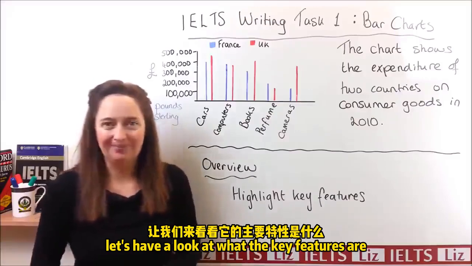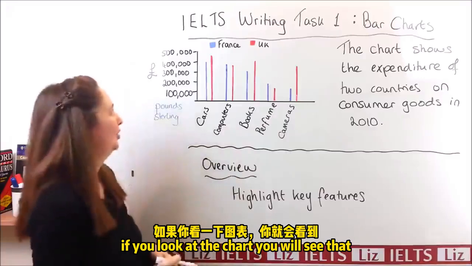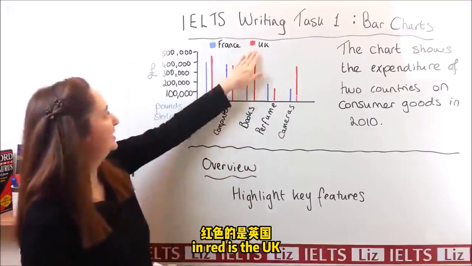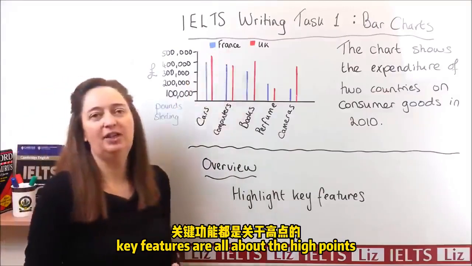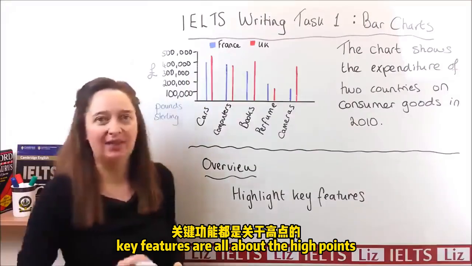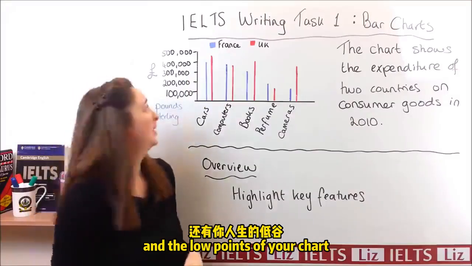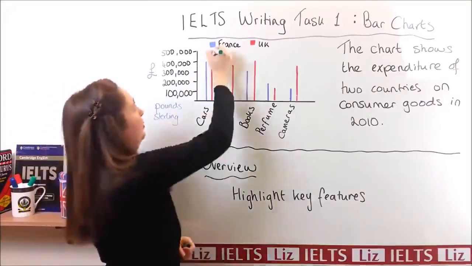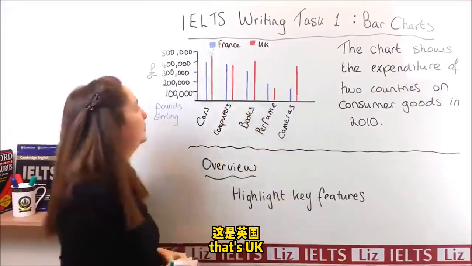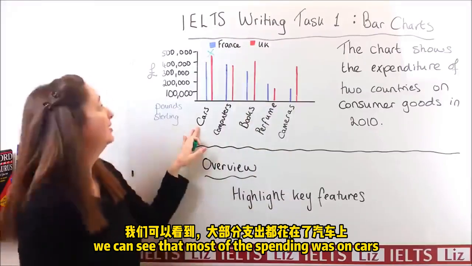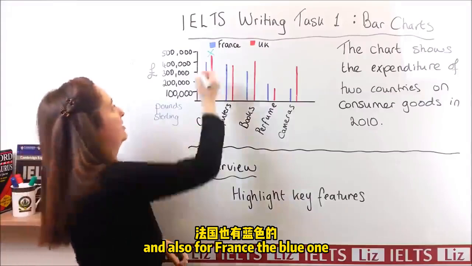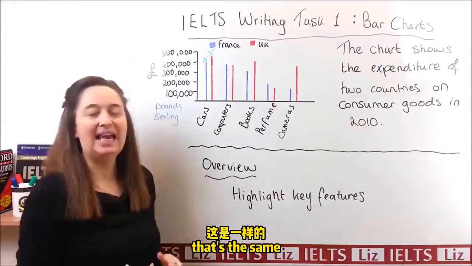Now, before I show you how to write your overview, let's have a look at what the key features are. If you look at the chart, you will see that in red is the UK and in blue is France. And of course, key features are all about the high points and the low points of your chart. So if we look here for the red one, that's UK, we can see that most of the spending was on cars. And also for France, the blue one, that's the same.